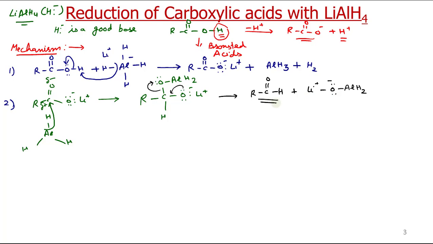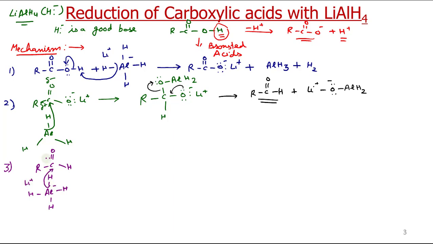Now the next mechanism will be the same as we have done for aldehyde. So in the next step, this aldehyde will be reduced by lithium aluminium hydride. So we can write here R C double bond O, H Al H H, H negative Li positive.